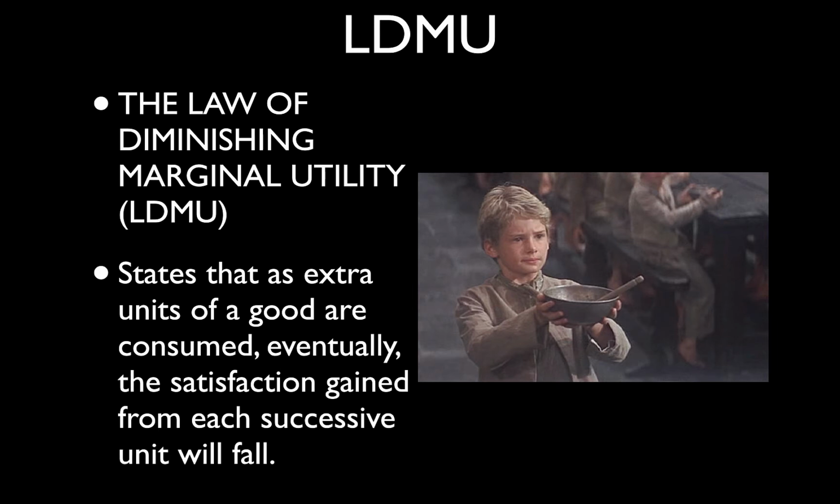So the law of diminishing marginal utility states that as extra units of a good are consumed, eventually the satisfaction gained from each successive unit will fall. We could go from a stage where we're absolutely starving, like poor Oliver is, and if he has one bowl of gruel, because he's so hungry, that will satiate him. It'll give him some marginal utility, some extra happiness from that first bowl.